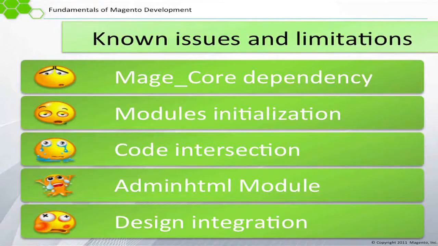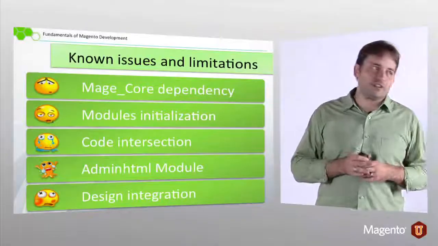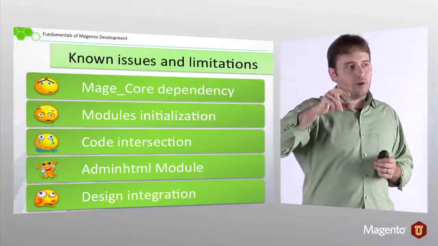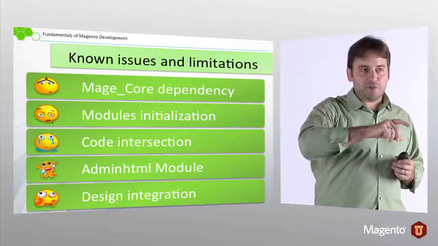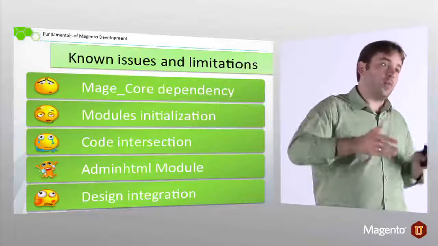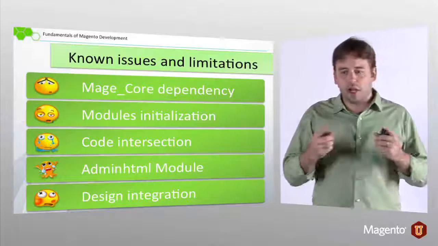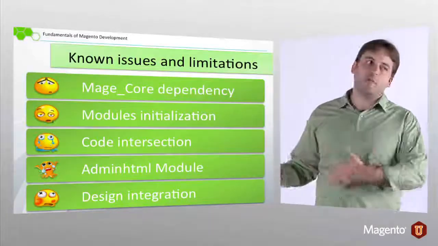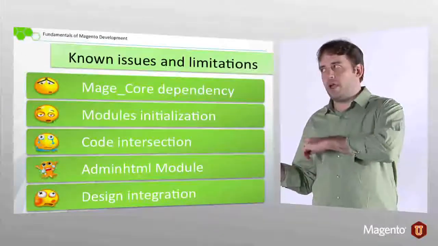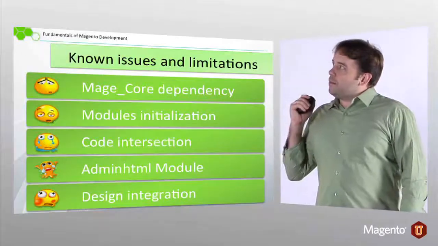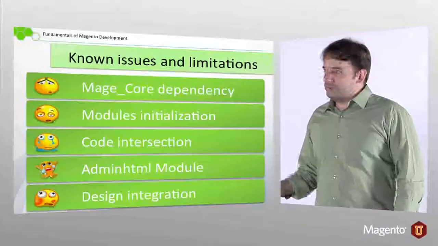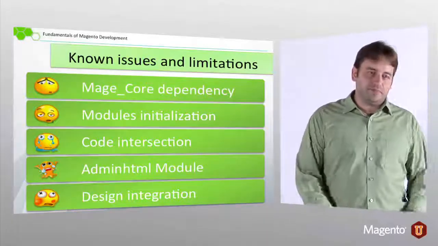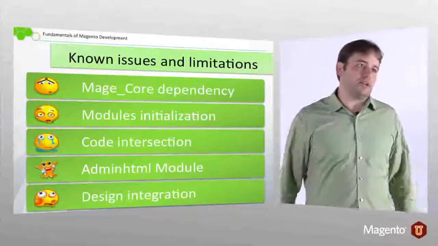So, Mage core. In your file system, you have app code core, then the Mage namespace, and then the core module. So you have a couple of core folders in a file path. That's what I'm talking about when I say Mage core: app code core, Mage core. Magento, in order to run, depends on Mage core. That is basically the entire application.